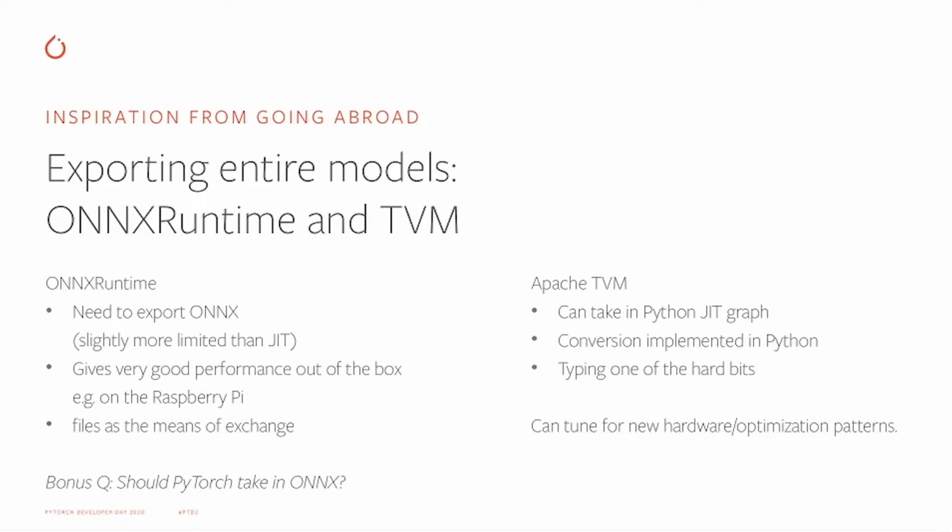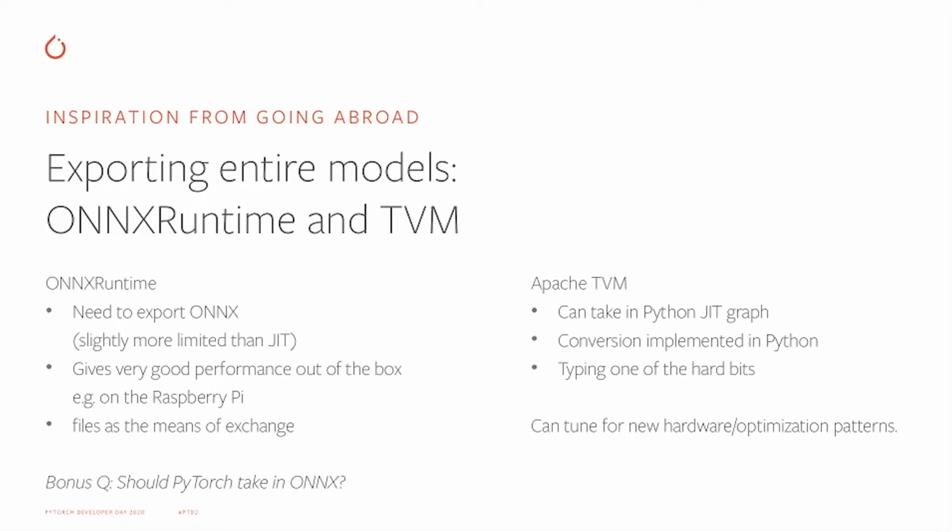Moving to Apache TVM, this goes a little bit a different route. This will take in the PyTorch JIT graph, and the conversion from the PyTorch JIT graph to the TVM model is implemented in Python.